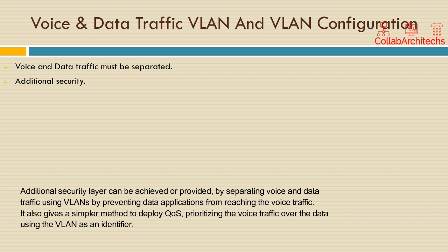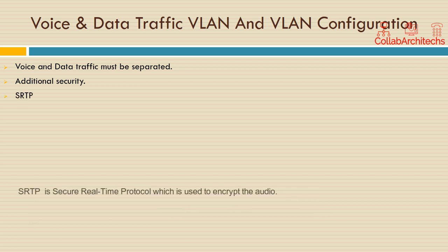An additional security layer can be provided by separating voice and data traffic using VLANs, preventing data applications from reaching the voice traffic. It also gives a similar method to deploy QoS, prioritizing the voice traffic over the data using the VLAN as an identifier. SRTP is Secure Real-Time Protocol, which is used to encrypt the audio.